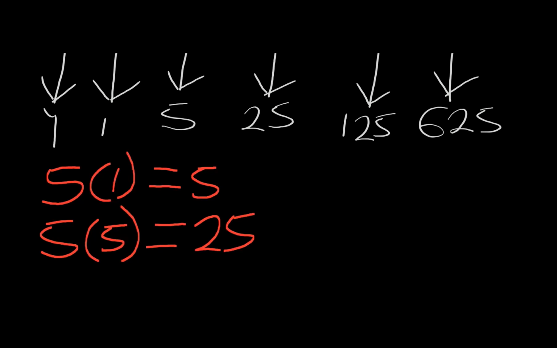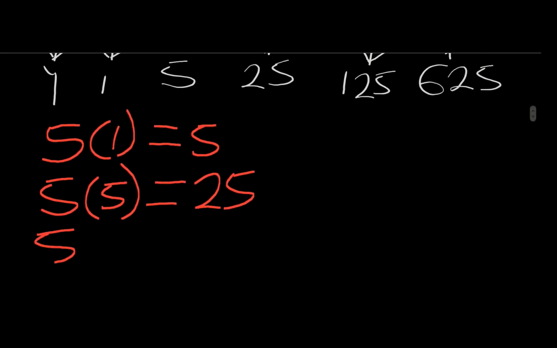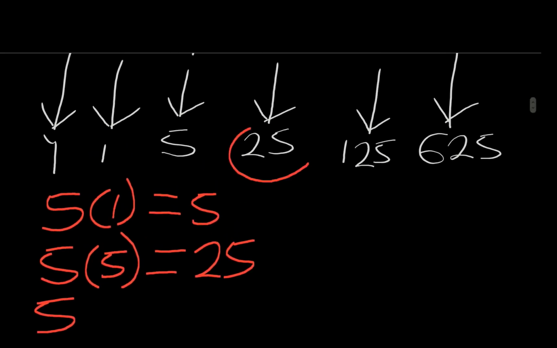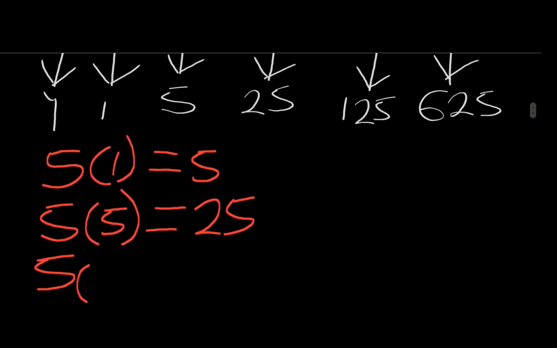Now, the same 5 will be used to multiply this term to see if we get this term. 5 times 25 will surely give us 125.